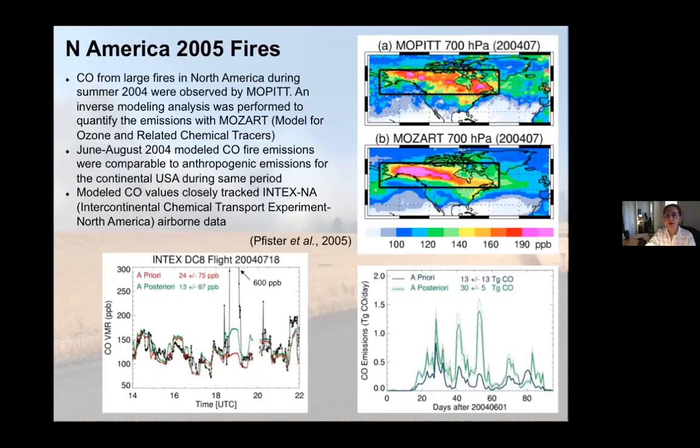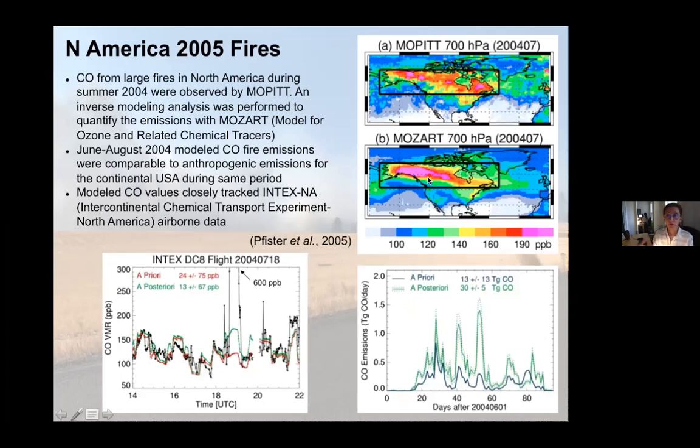So here is an example of an analysis of a large fire in North America, which took place in 2004. Gabby Pfister analyzed MOPITT data and model results from MOZART.